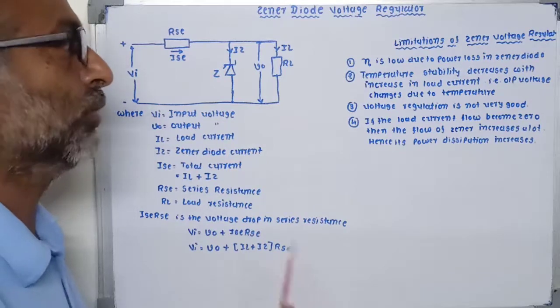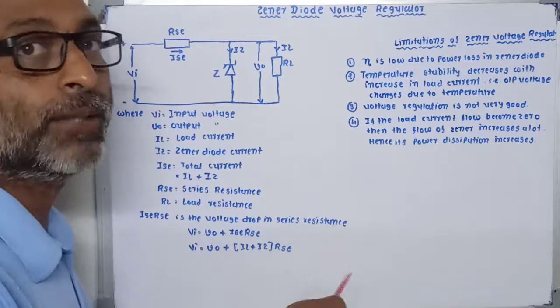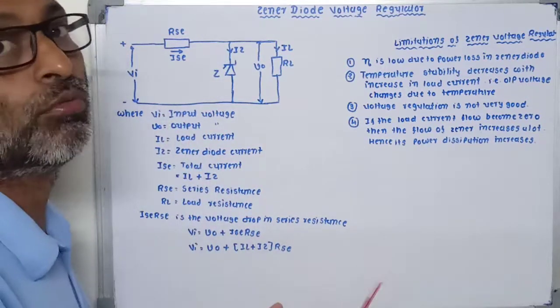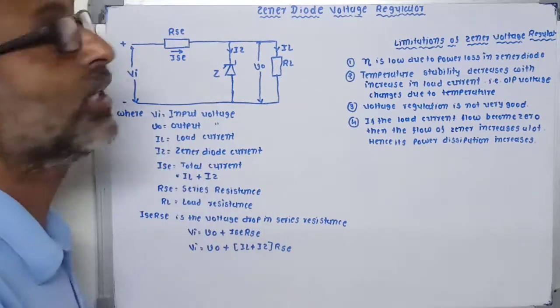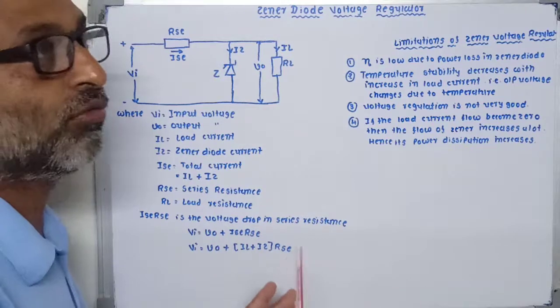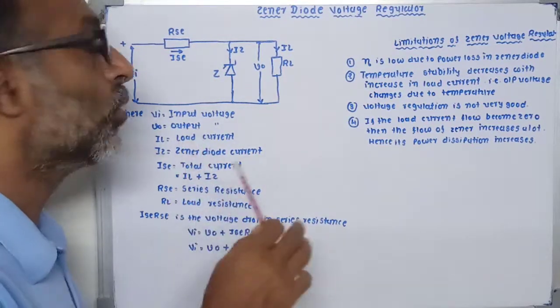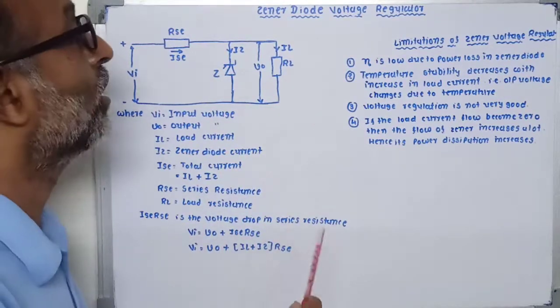Now this is the basic circuit of a voltage regulator using a Zener diode, where Vi is the input voltage applied to the circuit. V0 is the output voltage, that means the voltage available across the load. IL, the load current, or you can say the current passing through this load, is called load current.